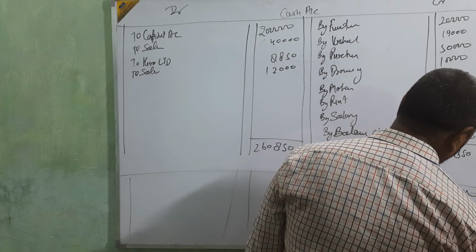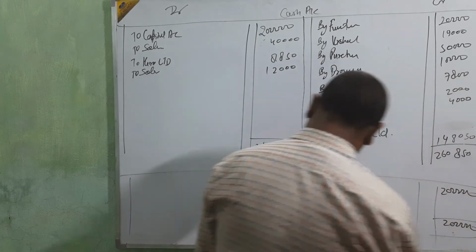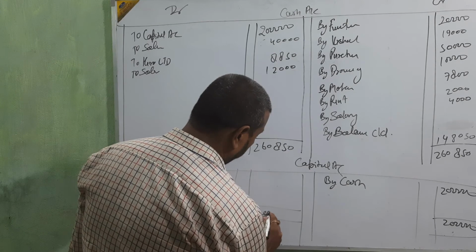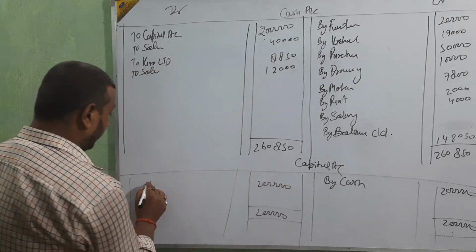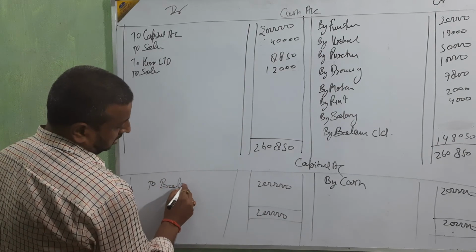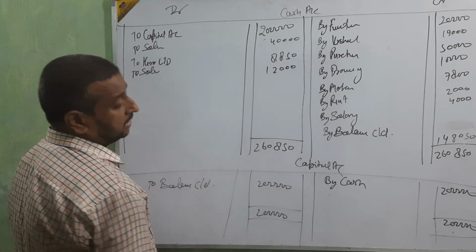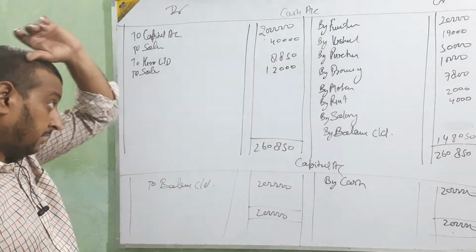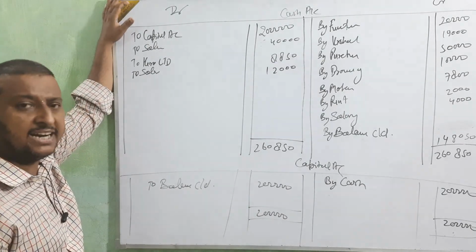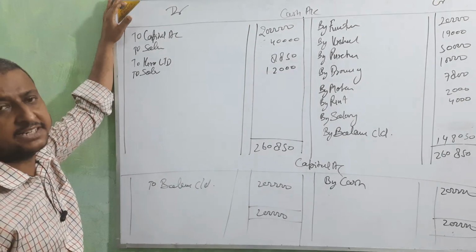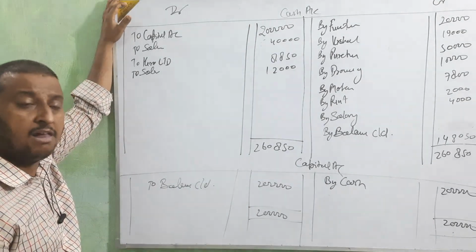Then totaling 2 lakh right here, because that side is the only amount. 2 lakh, then by balance c/d. Okay, this is the way we are going to take the balance. Whichever side is more, we are going to total that side, writing on both sides, and then take the difference of the less side.